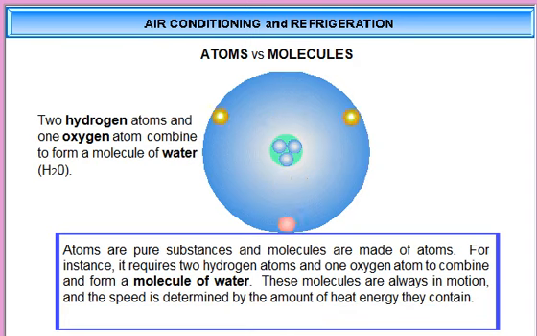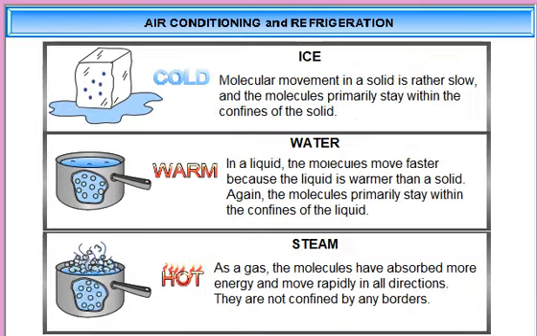Atoms are pure substances, and molecules are made of atoms. For instance, it requires 2 hydrogen atoms and 1 oxygen atom to combine and form a molecule of water. These molecules are always in motion, and the speed is determined by the amount of heat energy they contain.